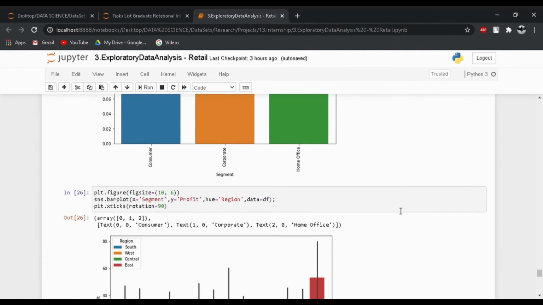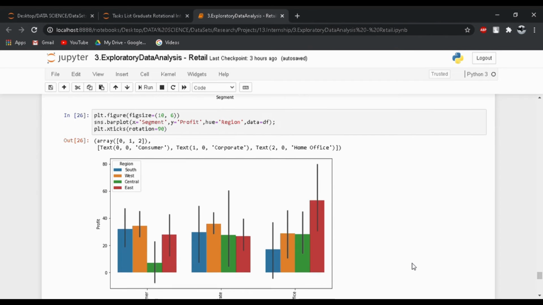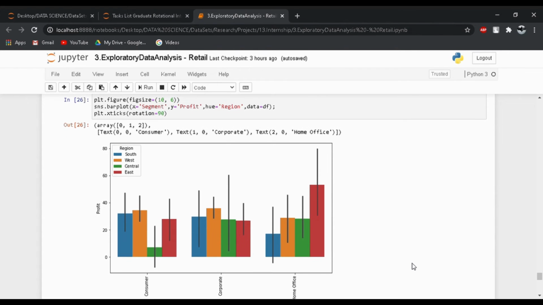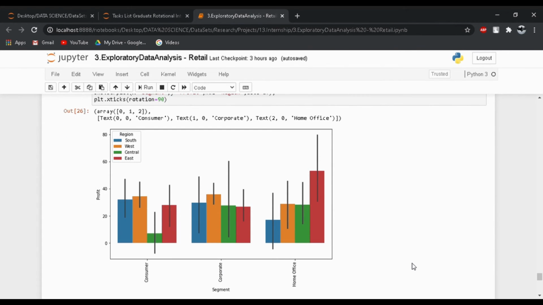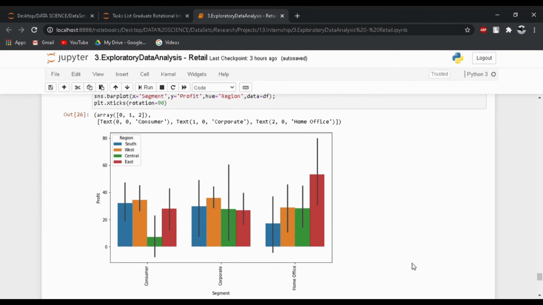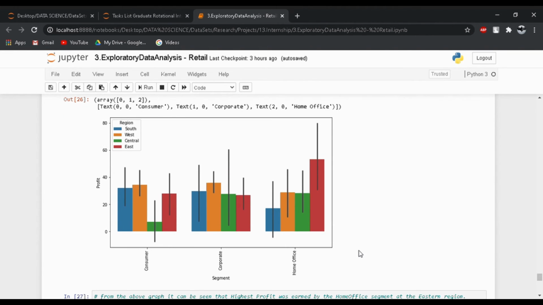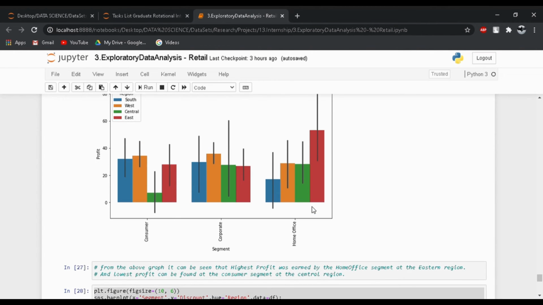All right. And then I have done this multivariate analysis over here. As you can see, the highest profits were earned by the home office segment, and they were earned at the eastern region. Looking at the key, we can see that home office segment earned higher profits at the eastern region and so on.